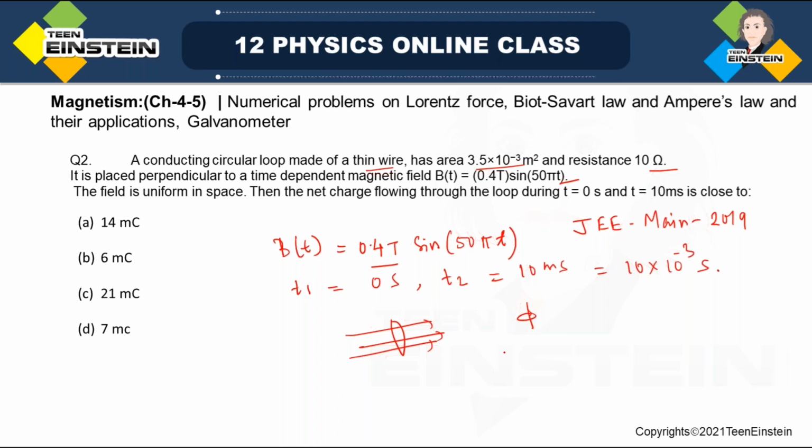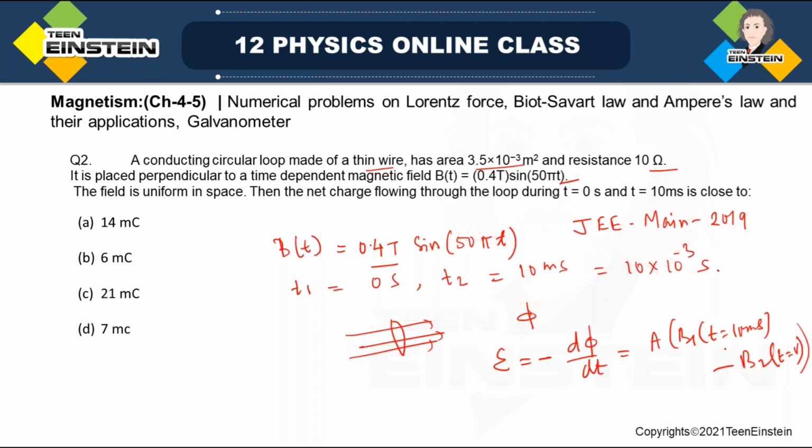We know EMF from Faraday's law, d phi by dt, or we can write area into B1 when t is equal to 10 millisecond minus B2 when t is equal to 0 second. So this is the time rate of change in the flux.